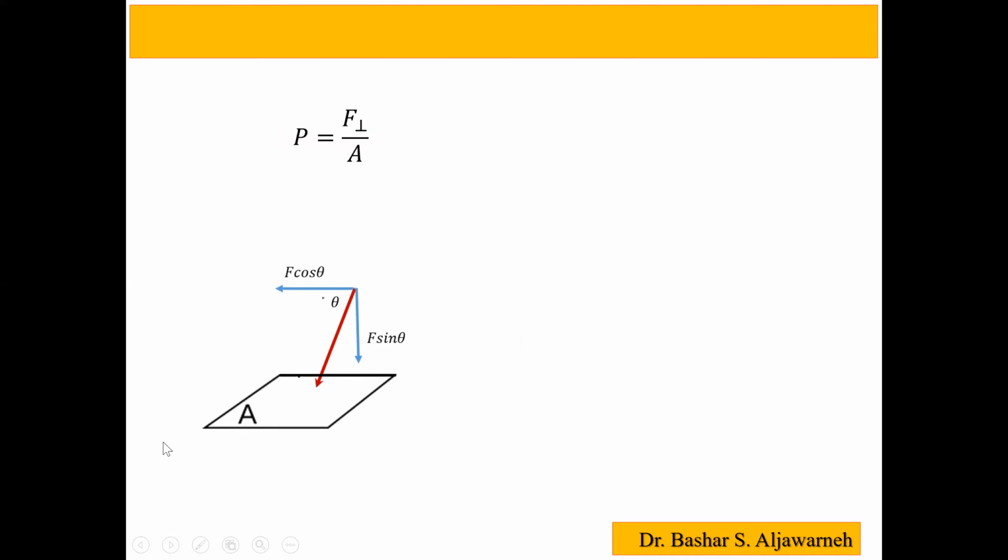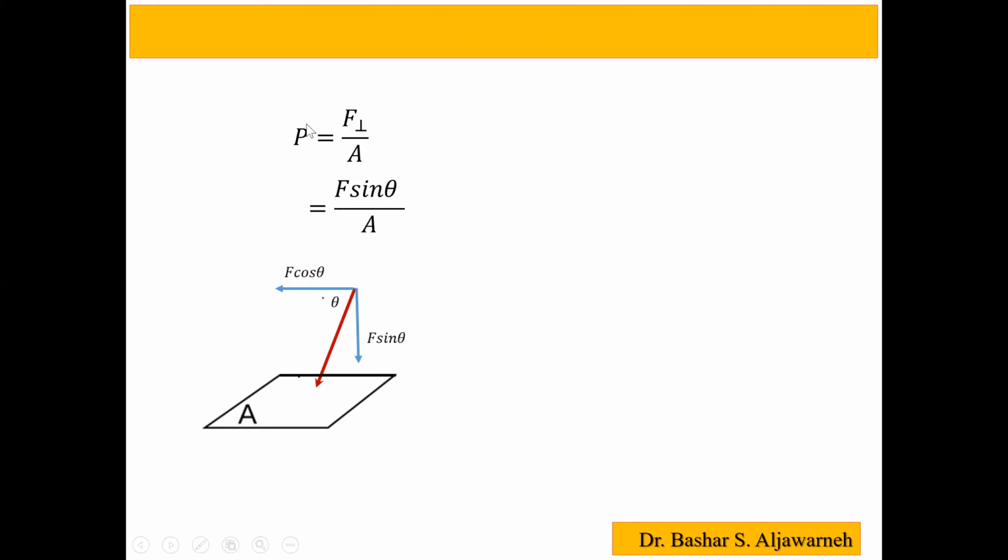In general, let me say this is my surface area and this red arrow is the force, and clearly the force here has an angle. Therefore, you have to resolve your force into two components, one along the horizontal line and one vertical or perpendicular line. And clearly, F sine theta is my perpendicular force to the surface area.